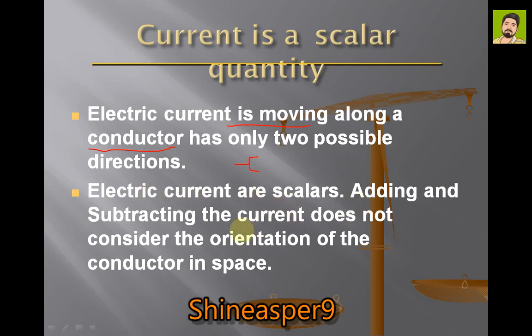We add I1 and I2, or subtract the currents. It does not consider the orientation of the conductor in space. So if you understand this.